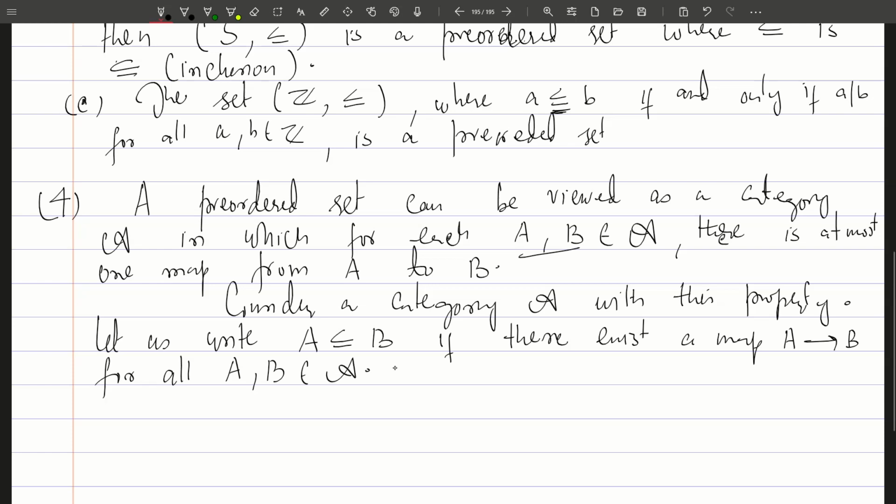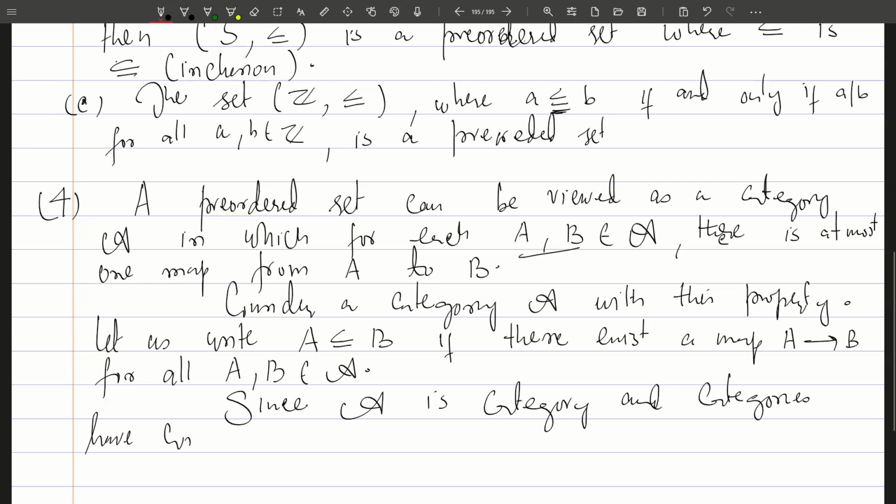Now, since this fancy A is a category and categories have composition, therefore if object A is less or equal to B and B is less or equal to C, then A is less or equal to C. This follows from the composition in the category.